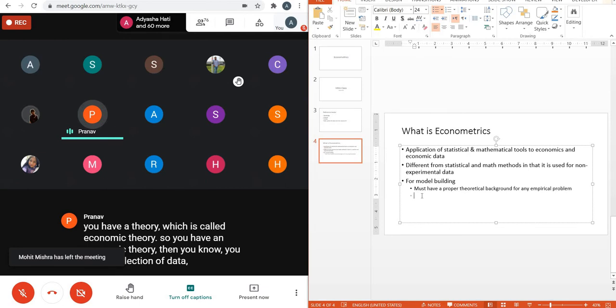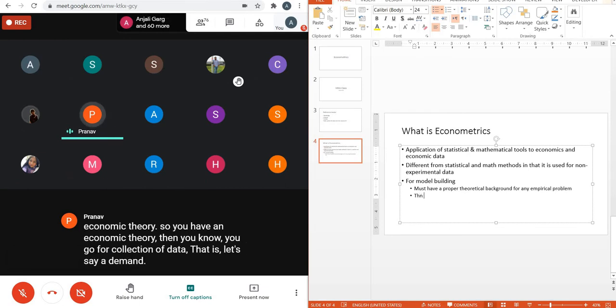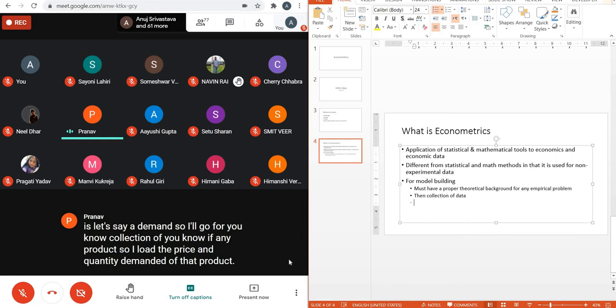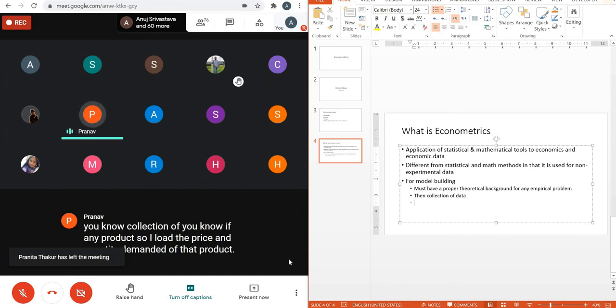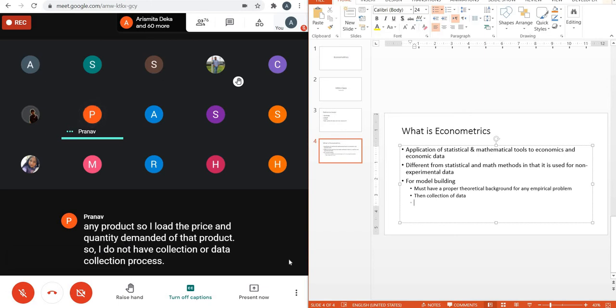If it is demand, I'll go for collection of data on any product. I'll note the price and quantity demanded of that product. I cannot have the data collection process prior to the theory that I have.